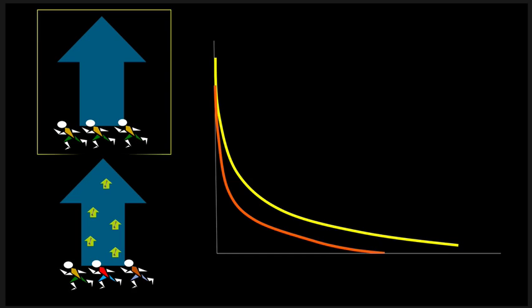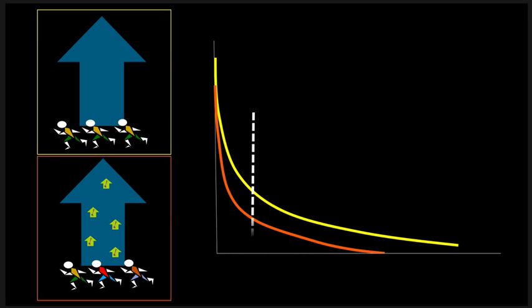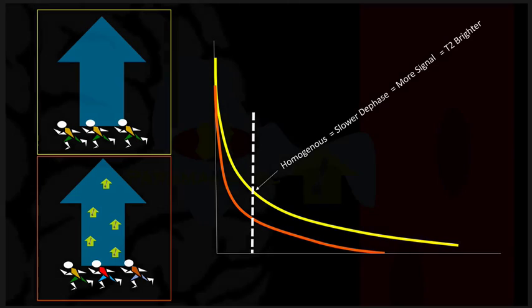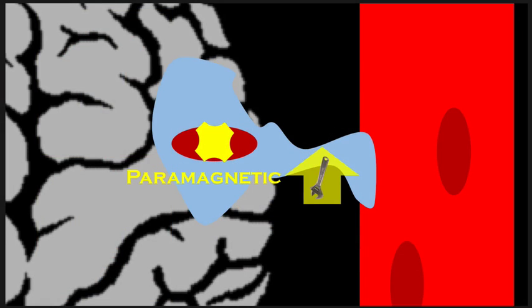So just reviewing here, instead of having that normal T2 curve, we're now dropping into the more exaggerated T2 star effect, which is going to result in a heterogeneous field and therefore faster dephasing, less signal, and darkening on the T2 star. So at this point, we're going to change from being T2 bright to T2 dark.